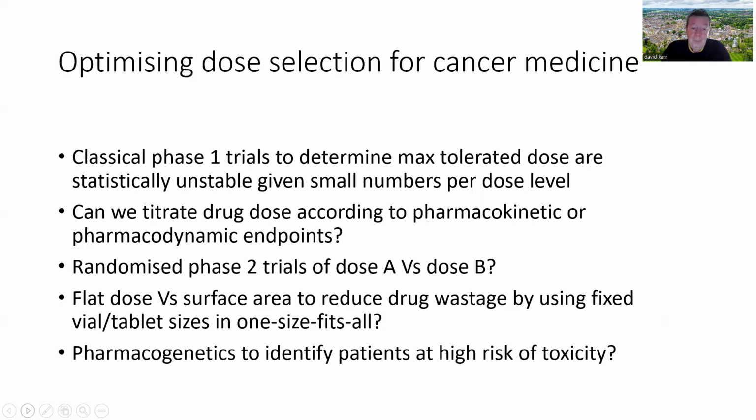There are other good examples in phase 1 trials in which people like Mark Ratain and Ian Tannock have gone back and reanalyzed phase 1 trials and shown that we can detect efficacy, effectiveness, at dose levels below the maximum tolerated dose.